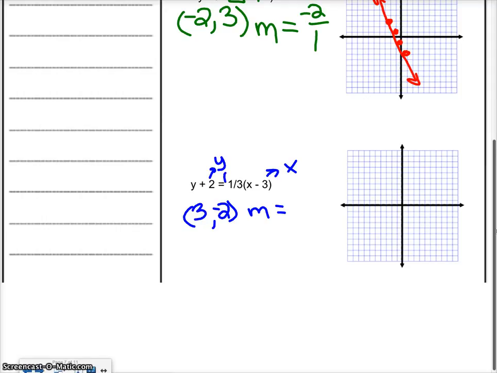My slope is what's in front. And now I graph. All I do to graph is plot the point, (3, -2). That's right there. And use the slope, up 1 over 3. Up 1 over 3 to graph more. Up 1 over 3. There's my line.